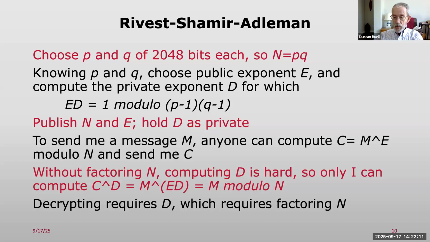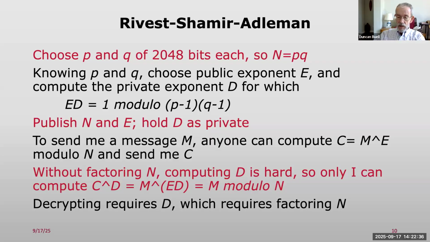I know D, nobody else knows D. So if I take the ciphertext to the Dth power, that's M to the E, to the Dth power, and that turns into M, the original plain text, because I have computed D to be the inverse modulo P minus 1 times Q minus 1 of E.